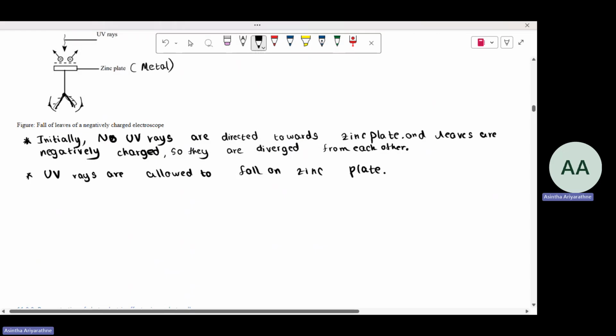And they observed that the two leaves converge, or get closer together, like this.